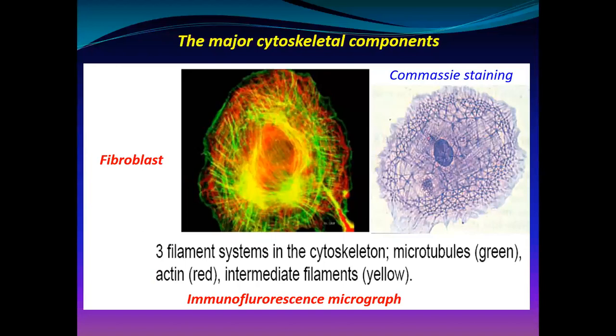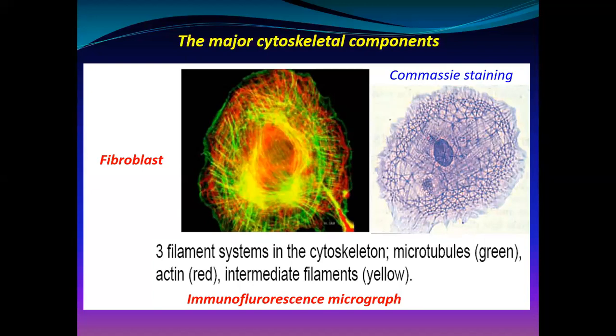So when you look at the major cytoskeletal components, right, there are three filament systems. When you take an immunofluorescence micrograph, the cytoskeleton can look like this: microtubules in green color, actin in red color, and the intermediate filaments in yellow color.